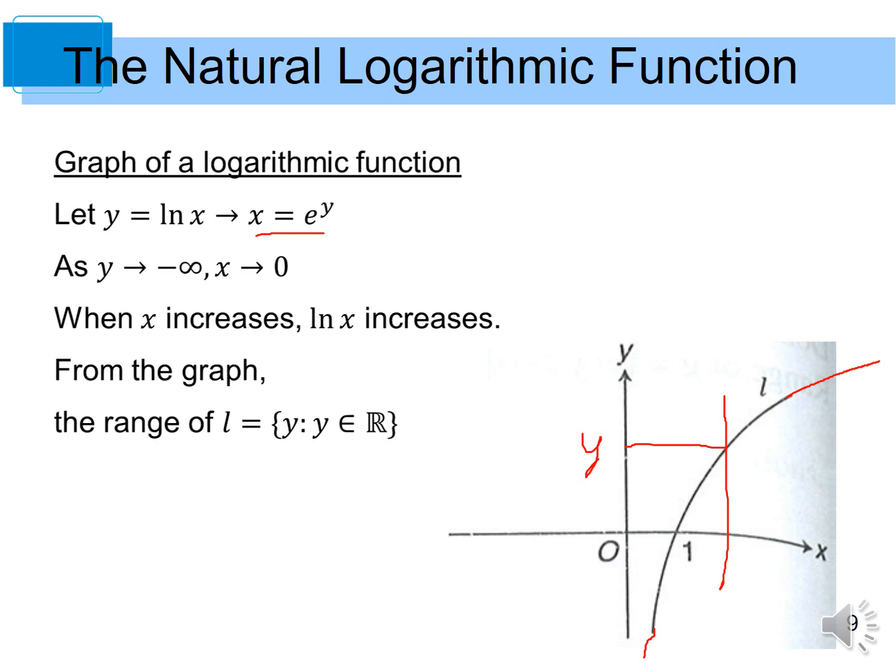Let me show you. Based on the previous table, we have natural log of 1 is equal to 0. And we also have natural log of 2 is around 0.7.